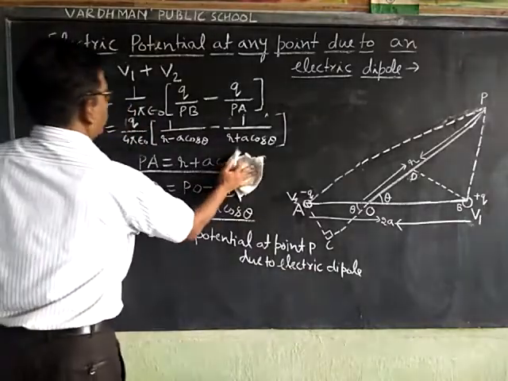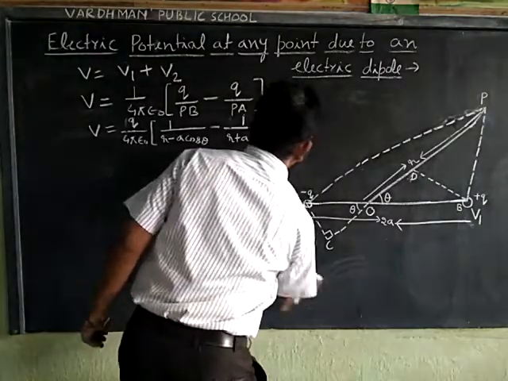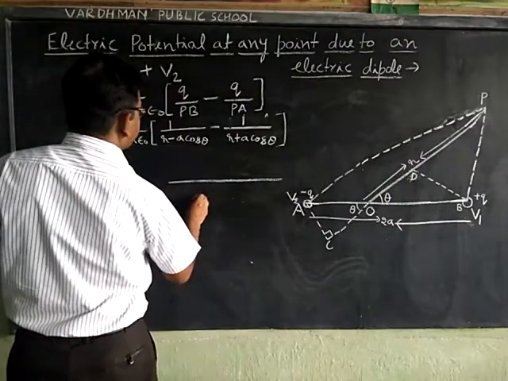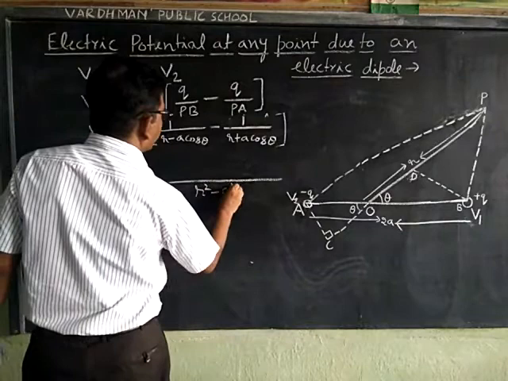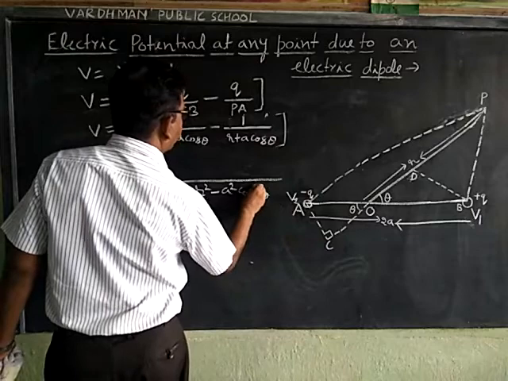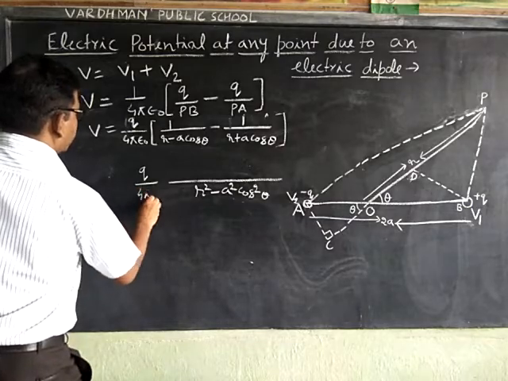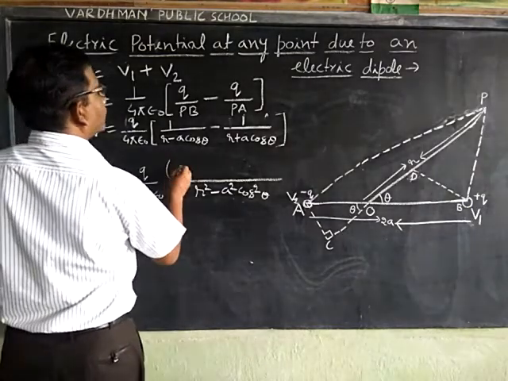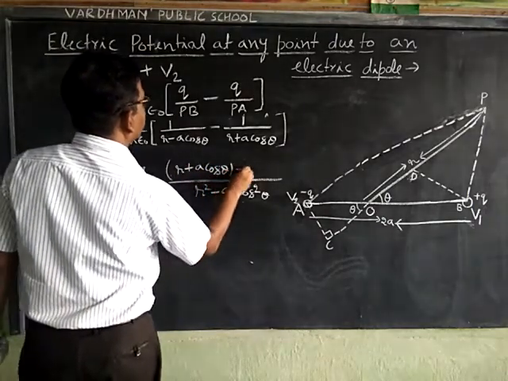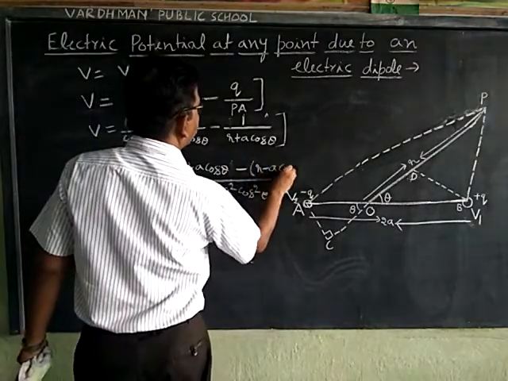Now we take the LCM, which is r square minus a square cos square theta. Then it becomes Q upon 4 pi epsilon naught times r plus a cos theta minus r minus a cos theta.